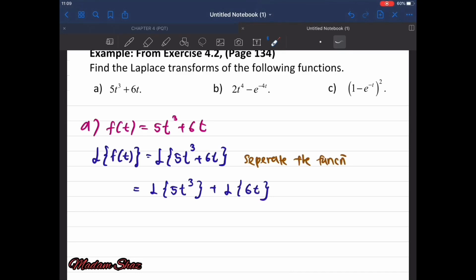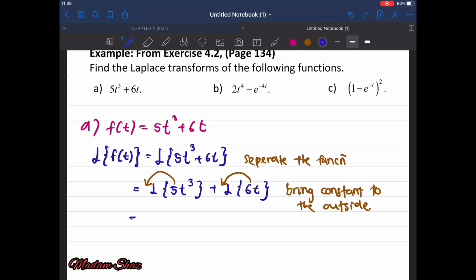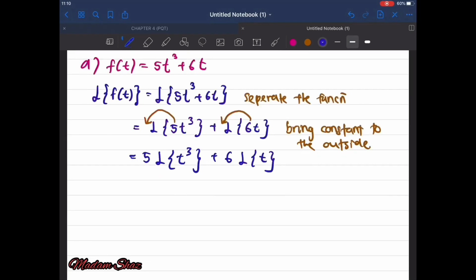If you have any constant, you have to bring the constant to the outside. For this one, you bring 5 to the outside, and for this one, you bring 6 to the outside, in front of the Laplace notation. So 5 L{t^3} plus 6 L{t}.